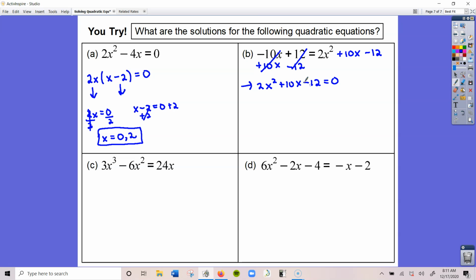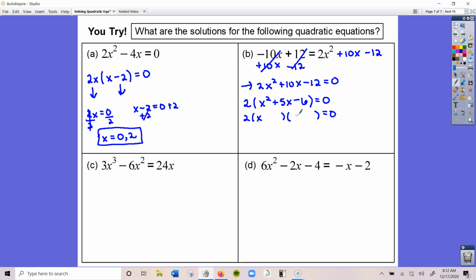If I look, every term is divisible by 2. So I can factor out a 2. And I would have x squared plus 5x minus 6 is equal to 0. Now that I factored out the 2, we have a regular quadratic equation that we can factor like normal.